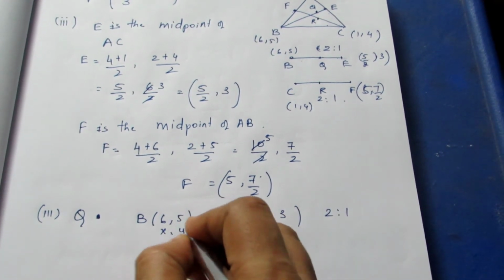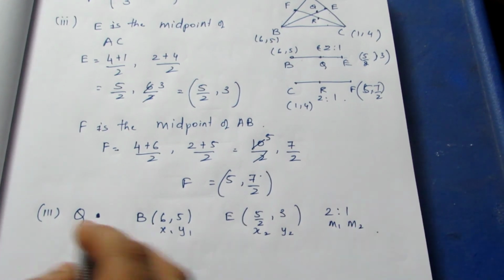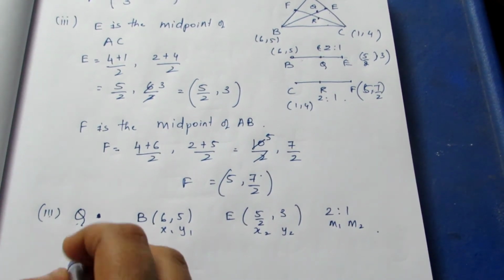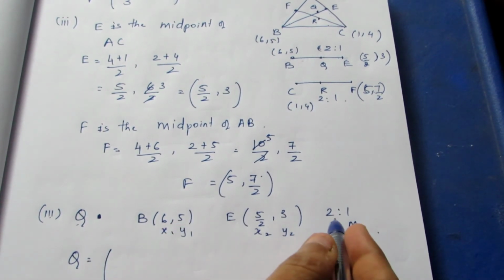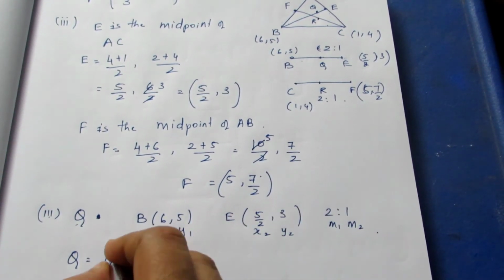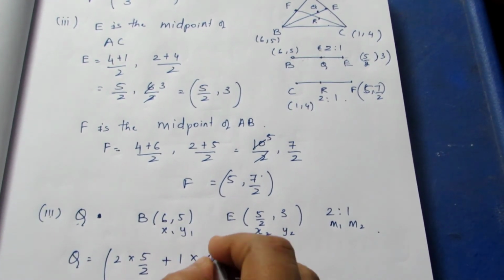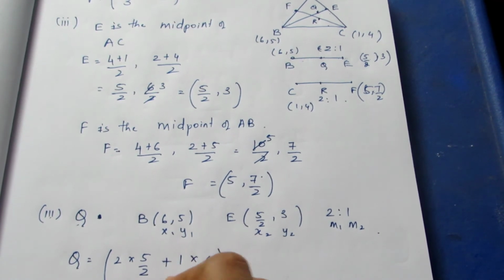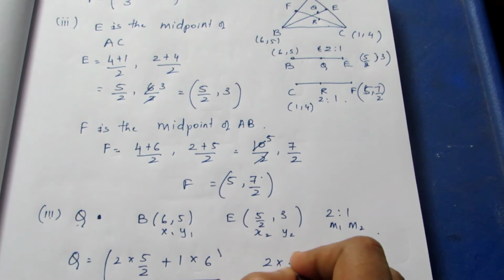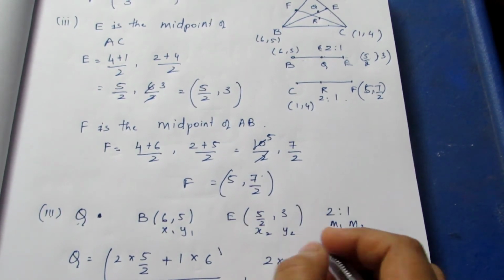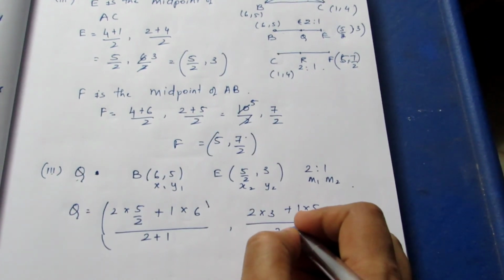This becomes x1 by 1, this becomes x2 by 2. This is m1, m2. To find Q: m1 x2, so 2 into 5 by 2 plus 1 into 6 by 2 plus 1. Similarly, 2 into 3 plus 1 into 5 by 2 plus 1.